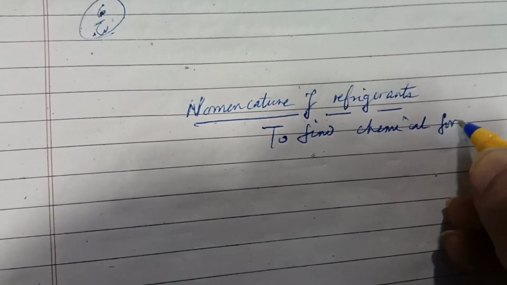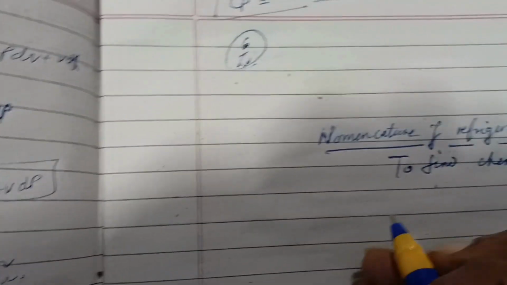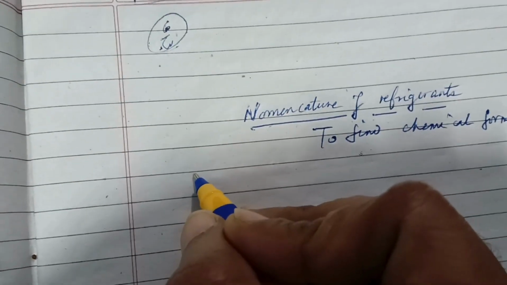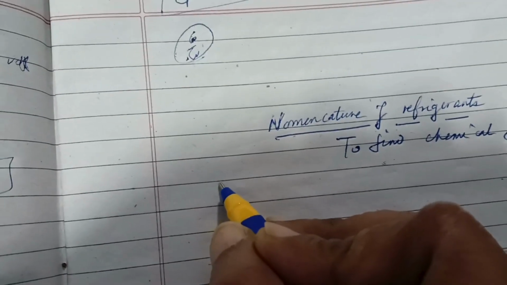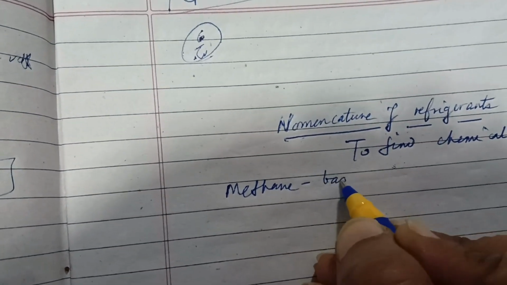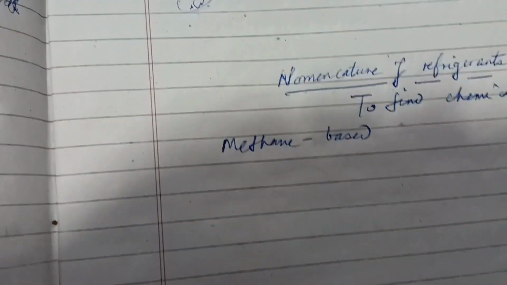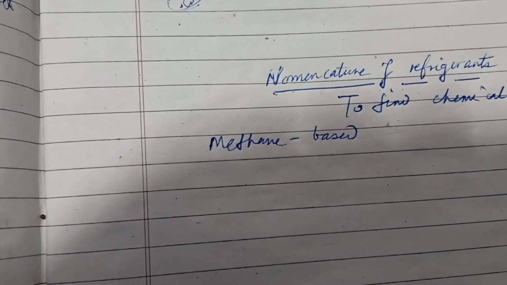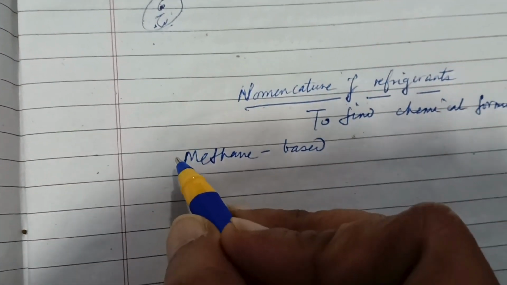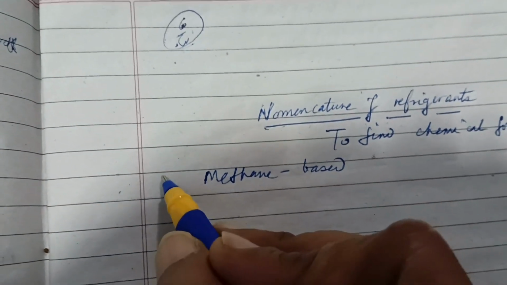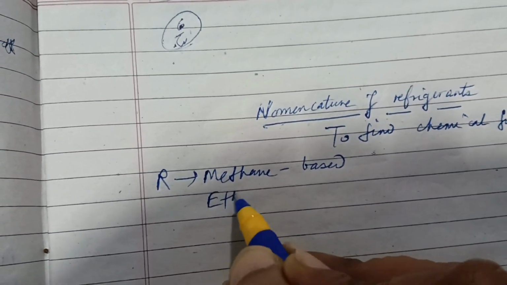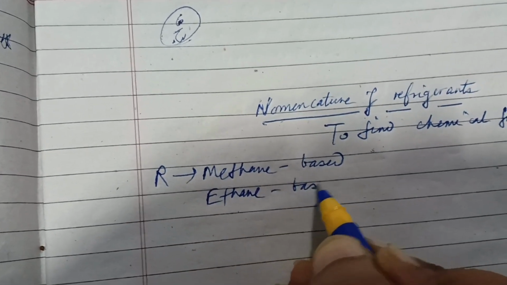To find the chemical formula, nomenclature is nothing but finding out the chemical formula. Refrigerants are usually either methane based or ethane based. This is a general introduction about refrigerants before I go into how to find the nomenclature.